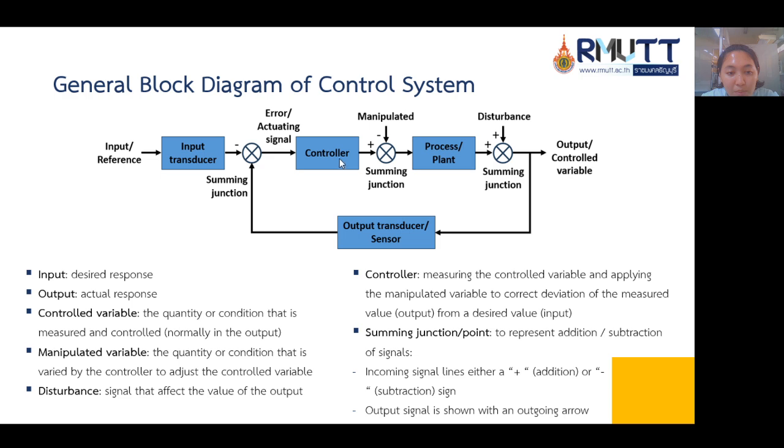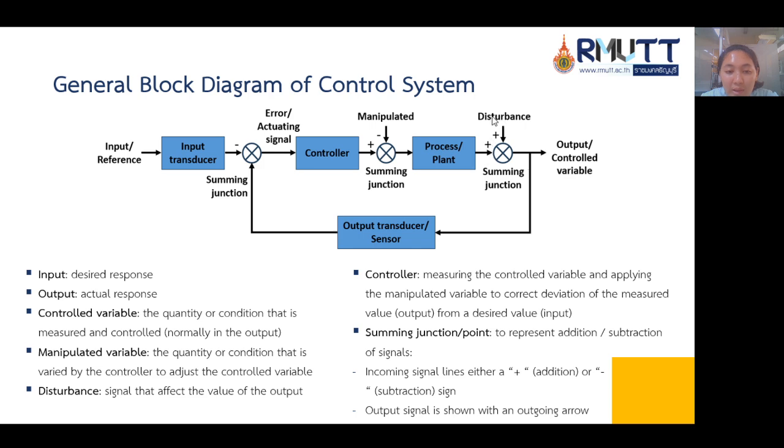Then the controller output is summed with the manipulated variable, then flows to the process or plant, and then to the summing junction again if there is a disturbance here.